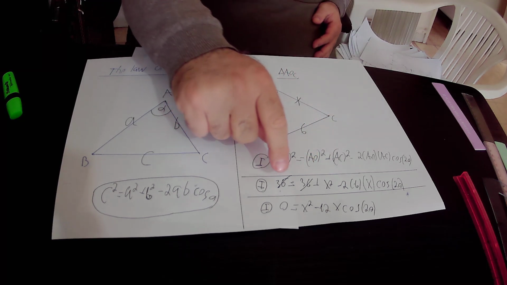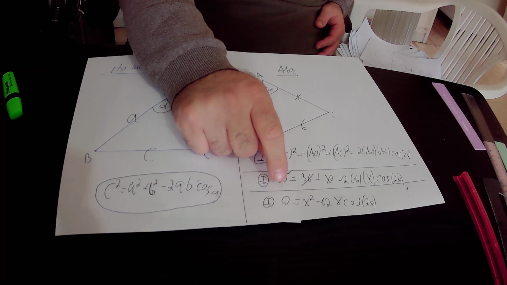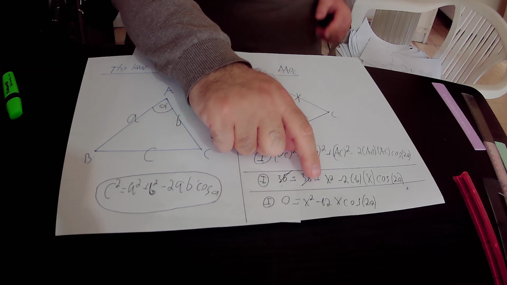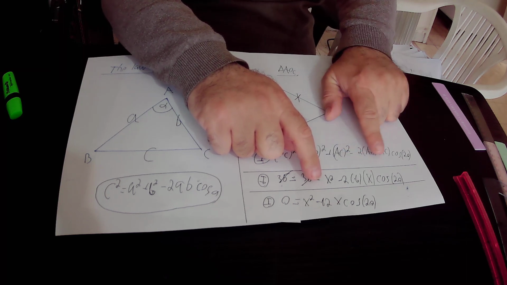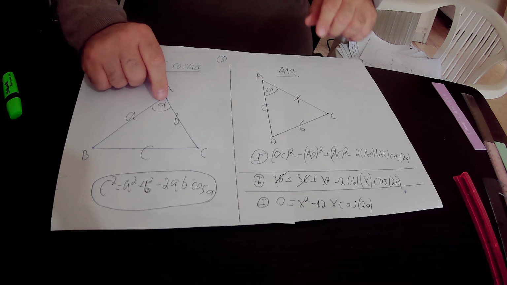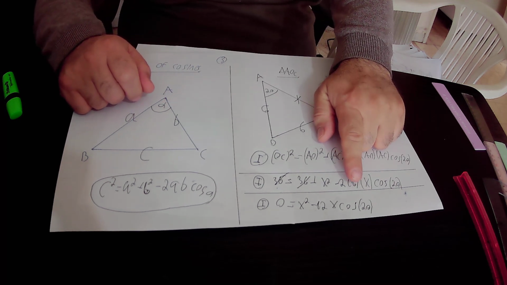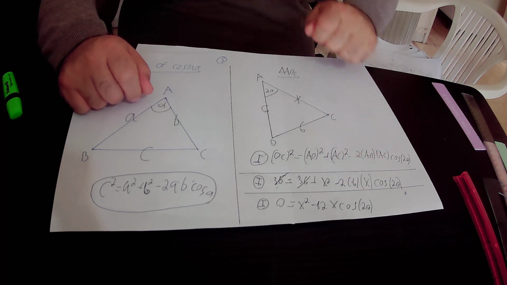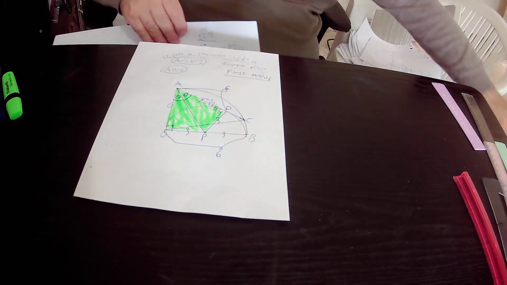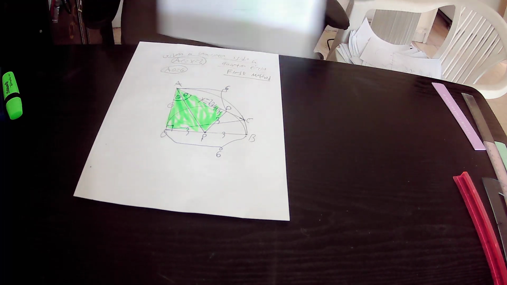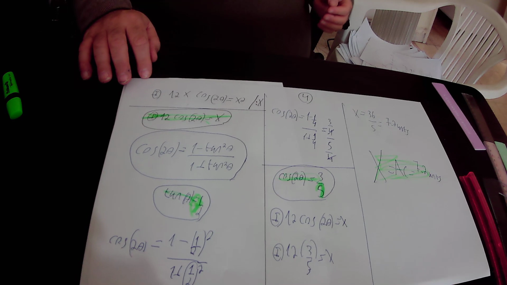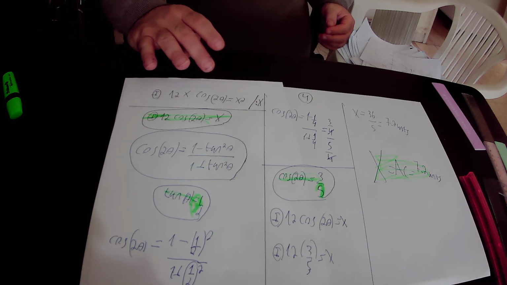So here we have 36 on both sides of equation number 1, so 36 will get cancelled. On this side of the equation we have 0, that is equal to minus 2 times 6, which is minus 12, so this expression equals minus 12x times cosine 2 theta. Here we added 12x cosine 2 theta to this equation and found that, according to equation number 1, 12x cosine 2 theta equals x squared.